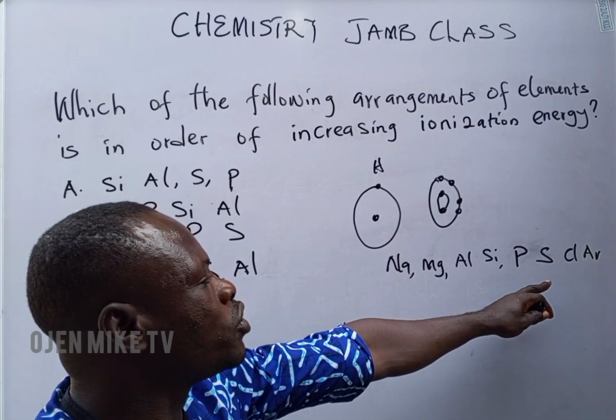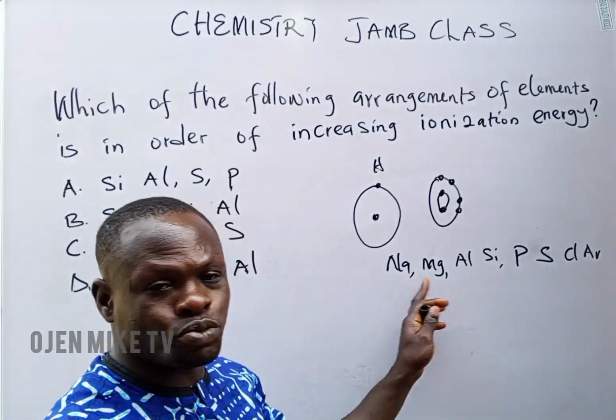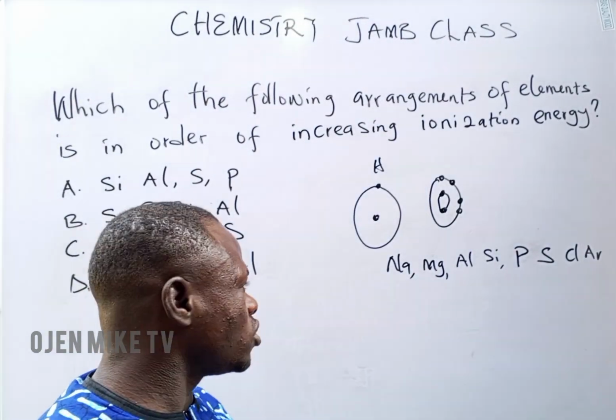This is the order of period 3 of the periodic table: 1, 2, 3, 4, 5, 6, 7, 8. This is period 3 of the short form of the periodic table.